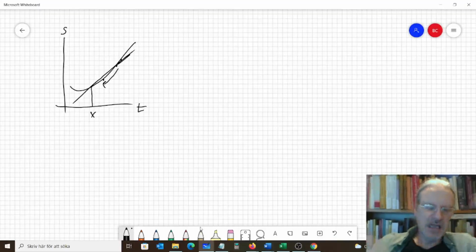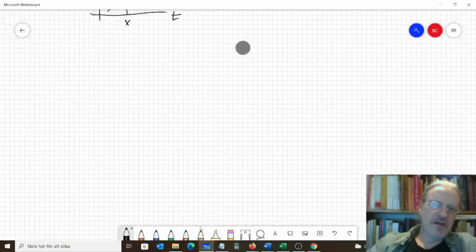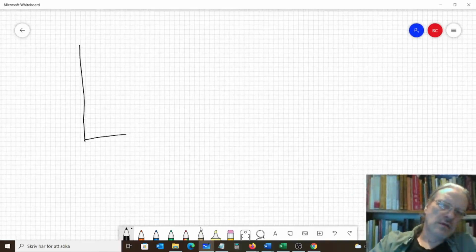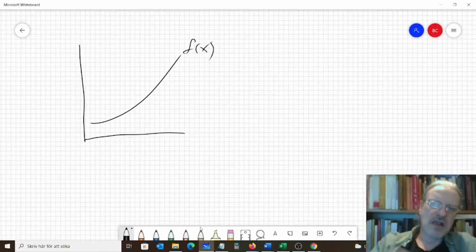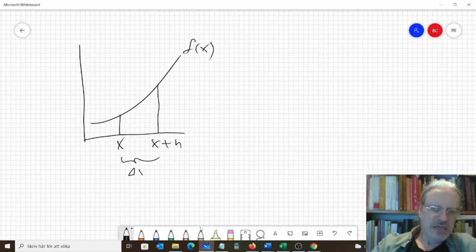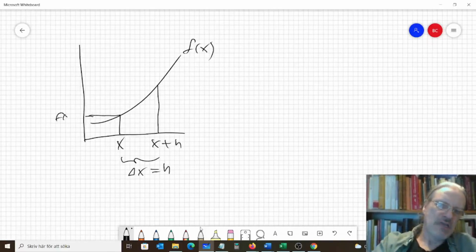So basically, we draw this same figure. We have some kind of function. So this is our function f of x. We pick a point at x. We pick another point a bit away at x plus h. So the difference between these two, that is our delta x, that we will call h. And if I plug in x to my function, I get f of x.